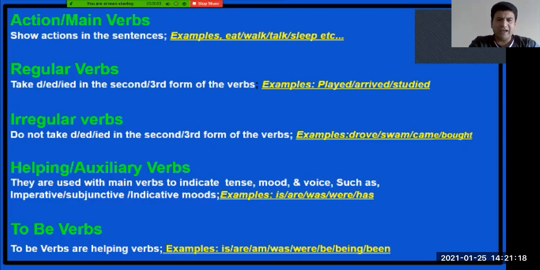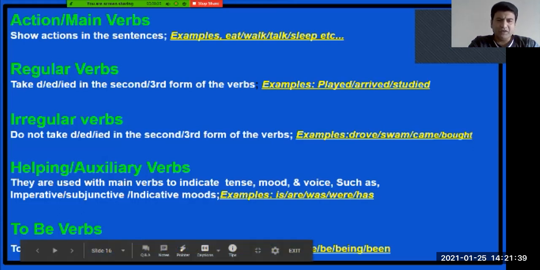And the next one is helping or auxiliary verbs. As I mentioned before, auxiliary and helping are synonyms. Let's talk about them. They are important to know because they are used a lot, and we see them in every other sentence.